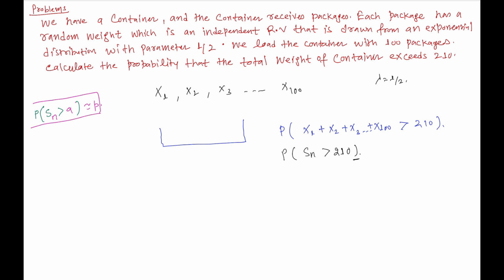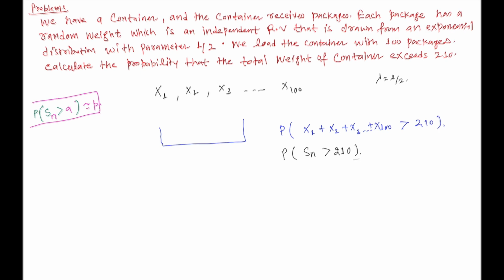So how do we proceed? We know that this sum will not converge as is to the normal distribution. What we need to do is make the standardized version of this sum. And how do we do that? We need to subtract the mean from this distribution.